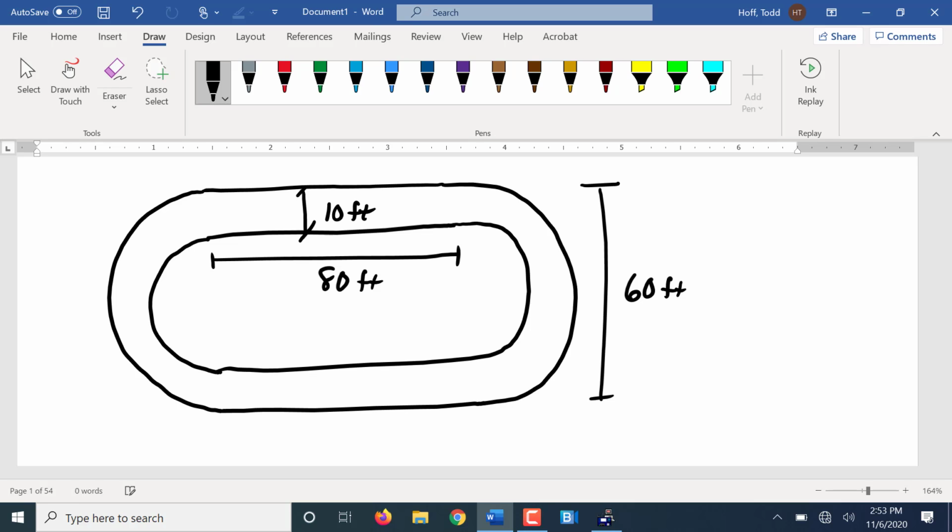So this is kind of a classic problem. We're looking here at basically like a track. We want to find the surface of that track. There are actually a couple of different ways to break this up.